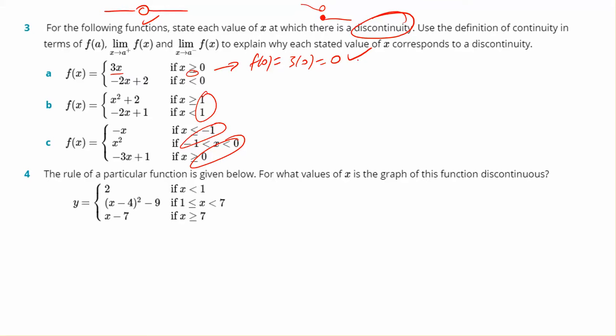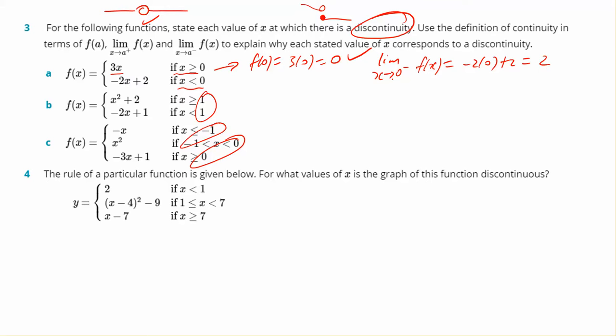Now we want to check whether the left-hand limit equals the right-hand limit. If I'm approaching from the left, the equation from the left would be here, because x is less than 0, and the one from the right would be there. So I'm going to find the limit as x approaches 0 from the left, denoted by x to the 0 minus, of f of x. When I sub in 0 from the left, I get -2 times 0 plus 2, so that equals 2.